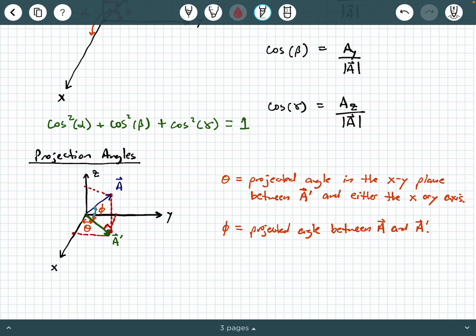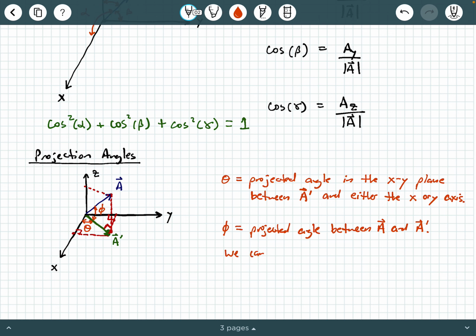It's going to be an interior angle of this right triangle. And then theta is going to be one of the interior angles inside of this projected right triangle. So as you can imagine, this is a right triangle, and this is also a right triangle, all right? So because these are all right triangles, what can we do?